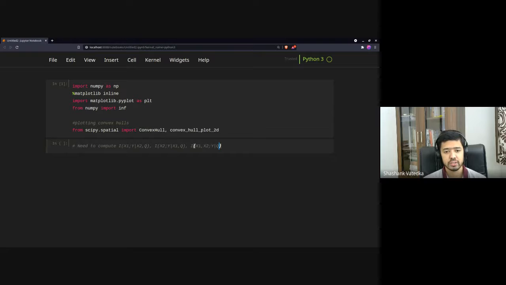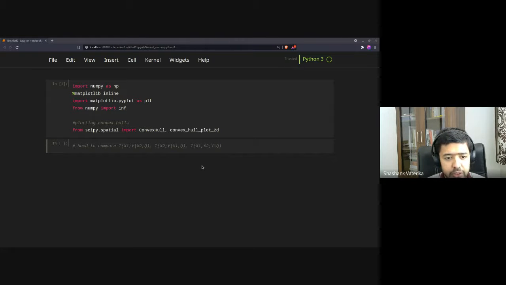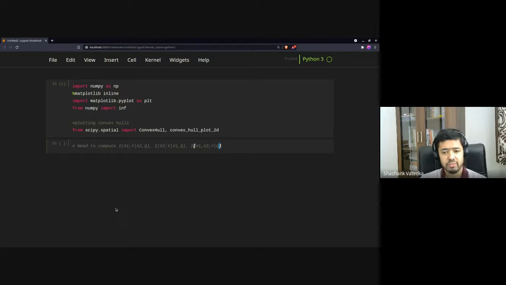First let's have some functions which do the following. I'm not going to write all of this down now because that will take too much time. There are different ways to do it, and I don't say that I'm doing it in the most efficient manner, but essentially to compute any mutual information, I need to compute a KL divergence.